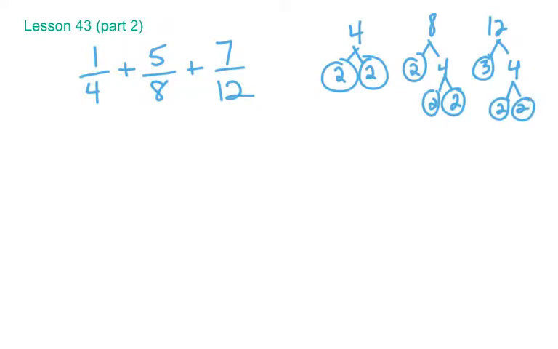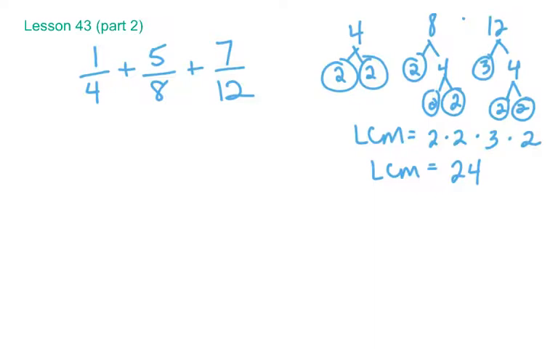So if we're looking at this, the least common multiple will be 2 2s and 1 3, it looks like. Or actually 3 2s, because there's 3 2s in the 8. So one more 2 here. So our least common multiple is 3 times 2, which is 6, times 2 is 12, times 2 is 24.